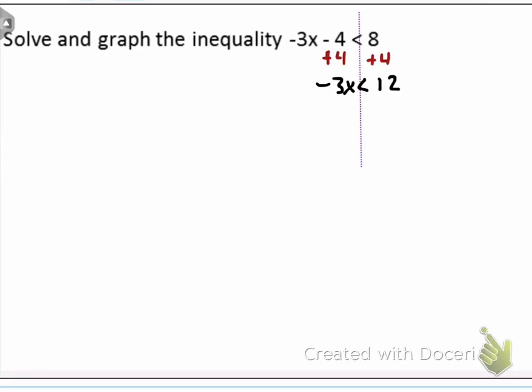So, recopy. Negative 3x is less than 12. Now, I have to get x alone. So, I need to divide by what's in front, which is negative 3.